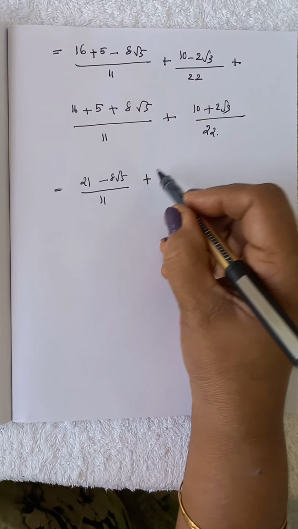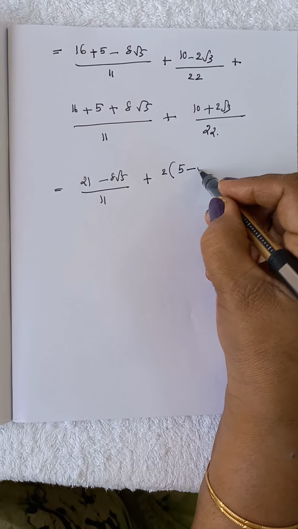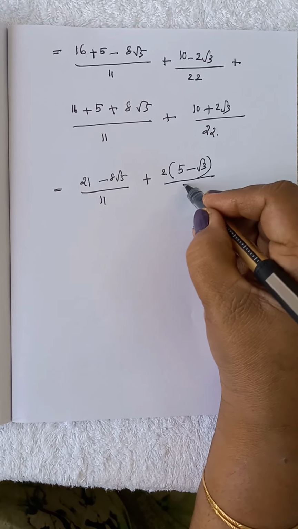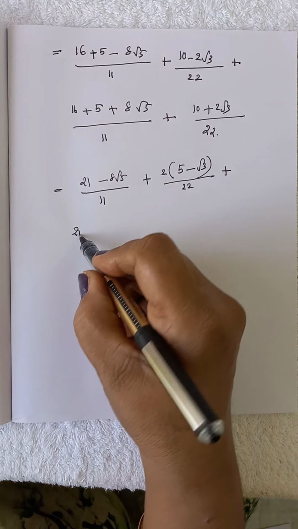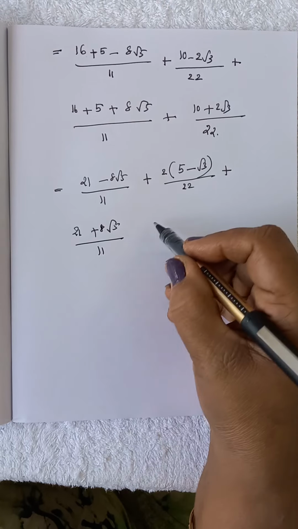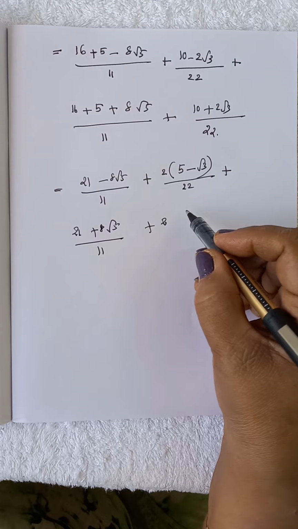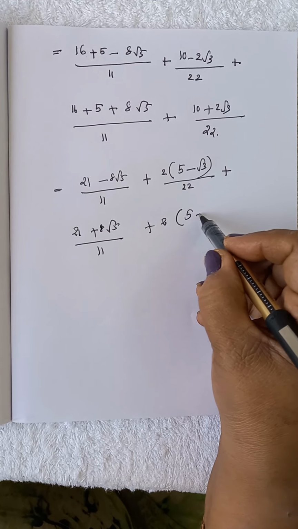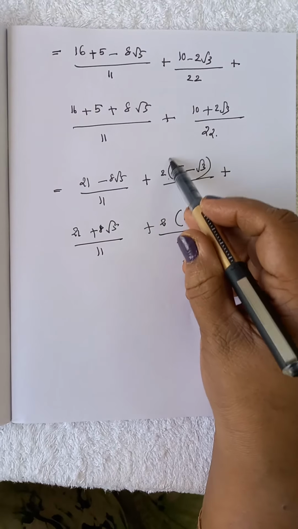That is equal to 16 plus 5, that is 21 minus 8 root 5 divided by 11, plus we can take 2 outside of the numerator. So 5 minus root 3 divided by 22, plus 16 plus 5, that is 21 plus 8 root 5 divided by 11, plus 2 we can take out of this last term. So 2 into 5 plus root 3 divided by 22. We can cancel 2 and 22, here it is 11.